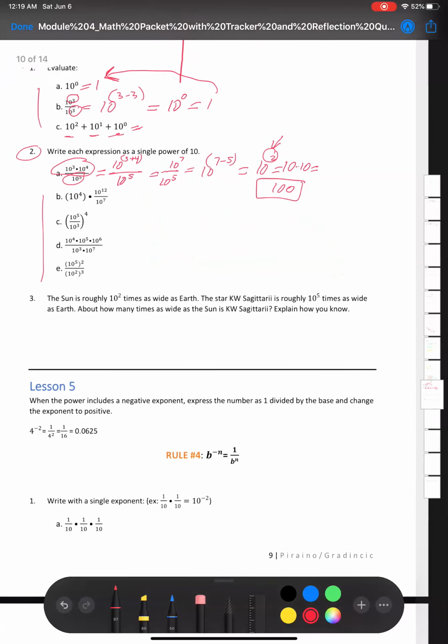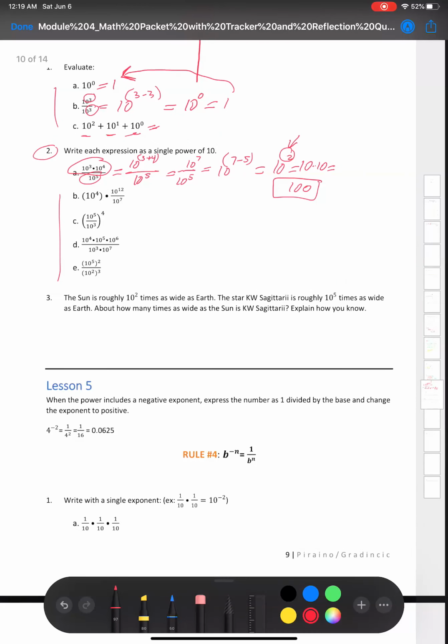Number 3 is a challenge question. Let's read that. The sun is roughly 10 to the 2nd power times as wide as Earth. The star KW is roughly 10 to the 5th power times as wide as Earth. About how many times as wide as the sun is KW? Explain how you know.